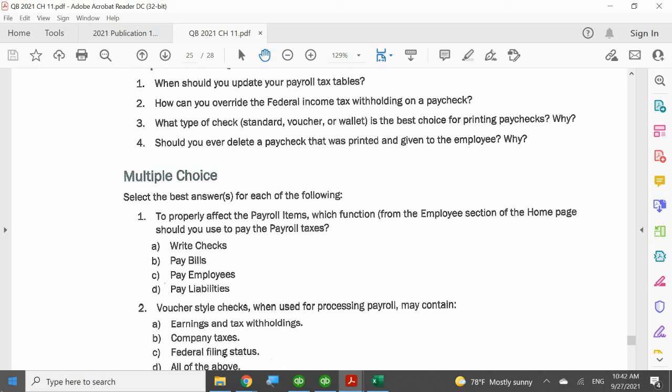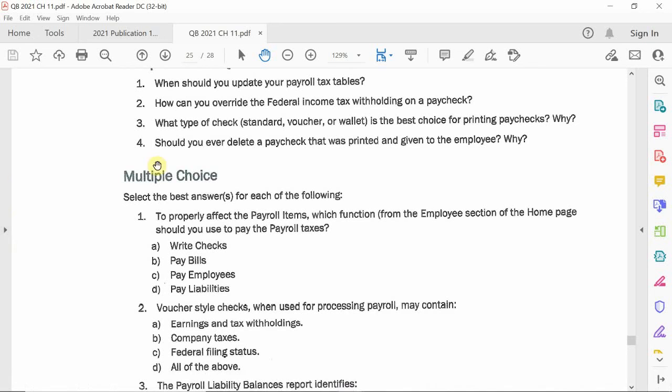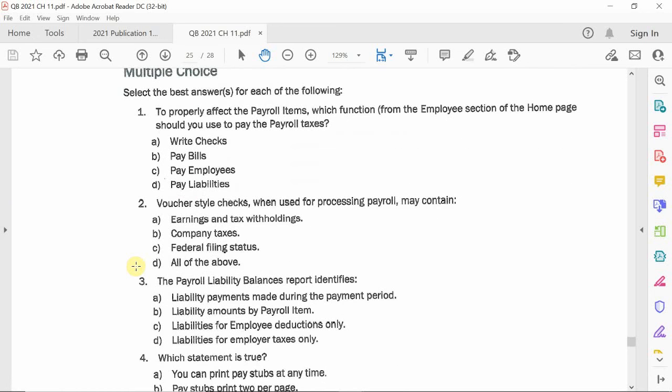D. D is correct. You're going to use the payroll liabilities, right? Straightforward.